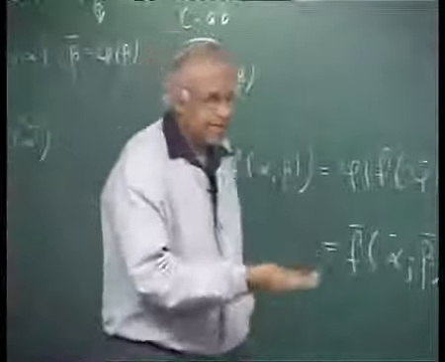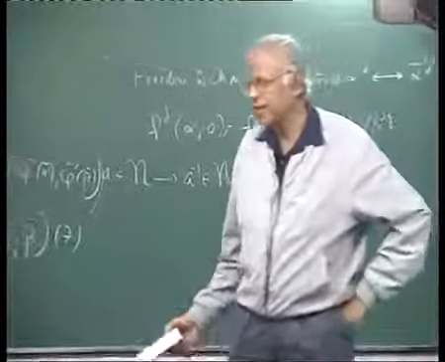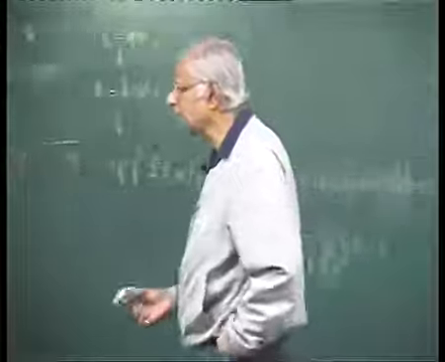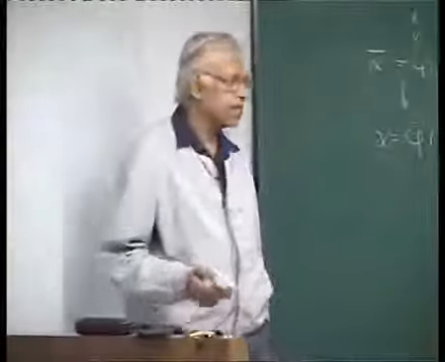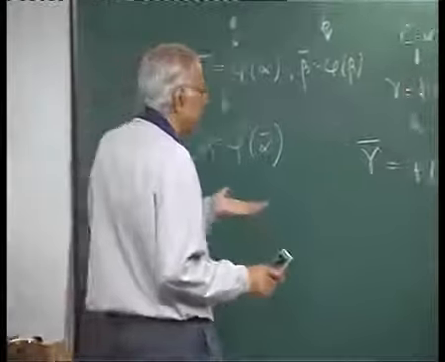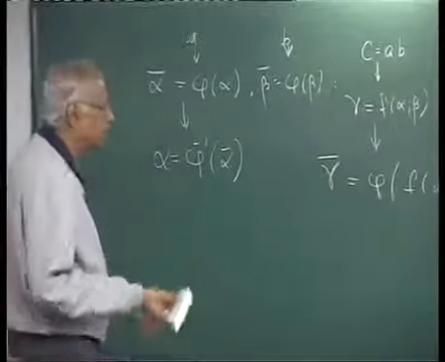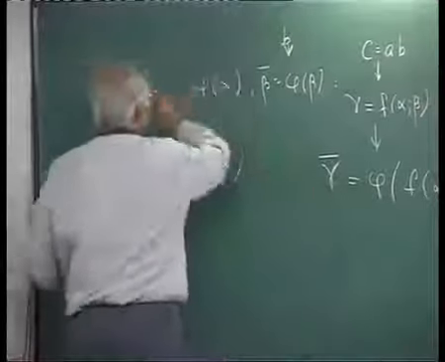Actually, things like this we learn when we study general theory of relativity, when you study tensor calculus and the possibility of changing the coordinate system in a smooth manner, not limiting yourself to Lorentz transformations but arbitrary changes of coordinates. Such ideas are there also.